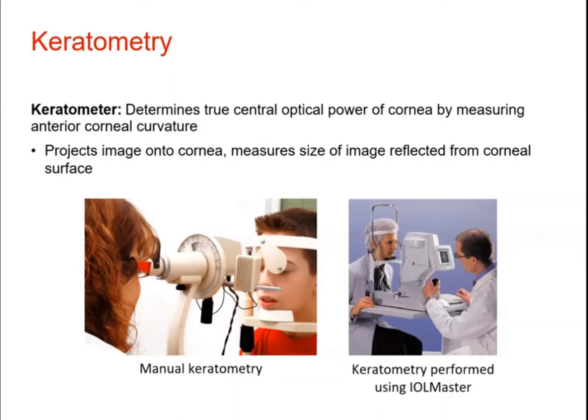But by looking at these mires reflected off the patient's cornea, if they see some kind of wavy structure or irregularity, or they are not so clear, that also gives them some idea about the status of the cornea. There could be some kind of irregular astigmatism, and so for the technician using a manual keratometer, it has a little bit more added value if they are trained to observe the reflection of the mires off the patient's cornea.